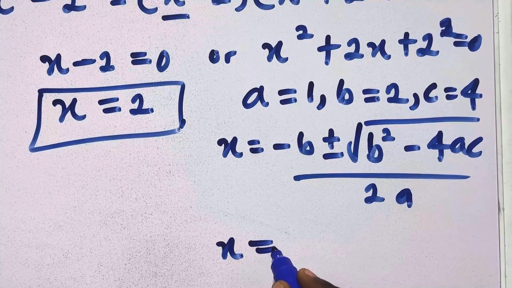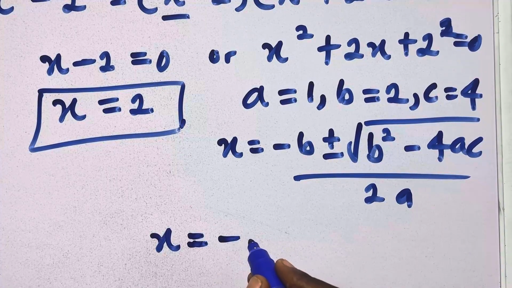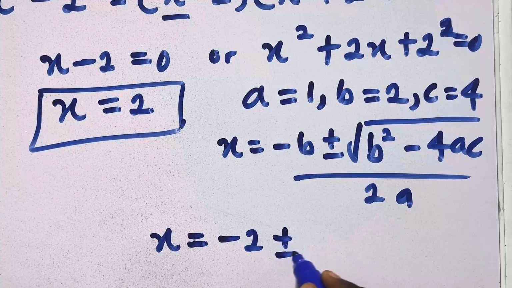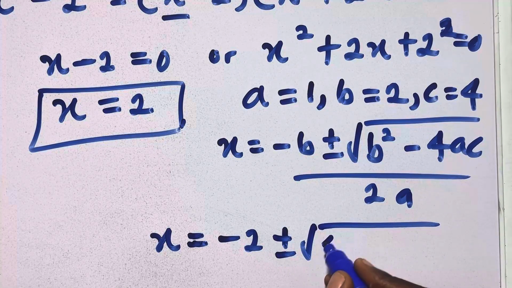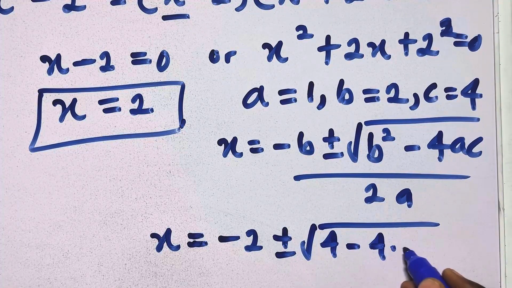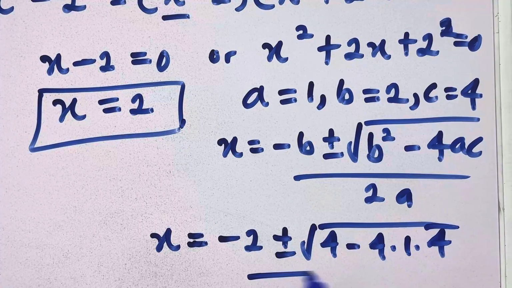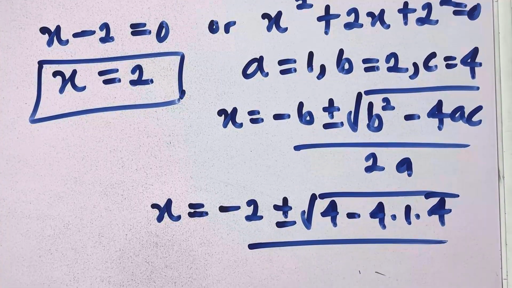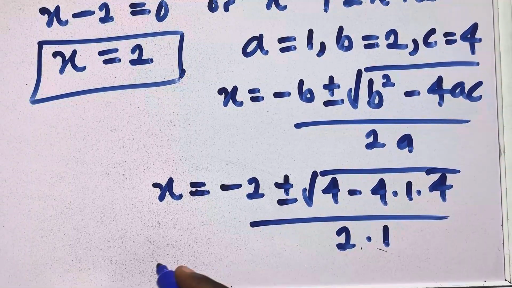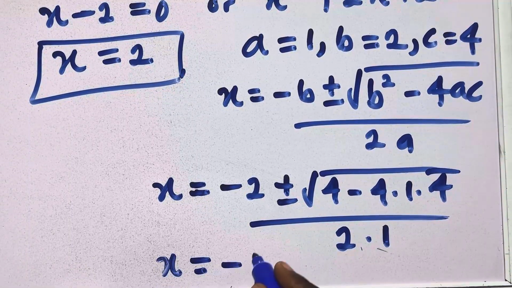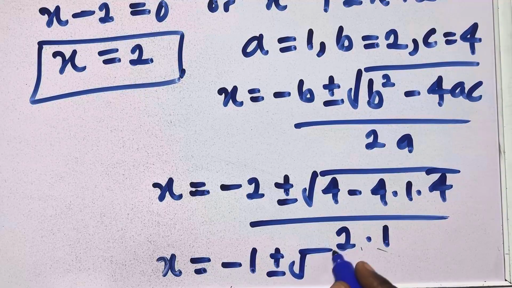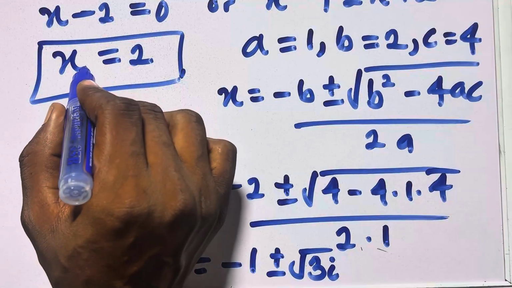So if you substitute this, we are going to have x equals minus 2 plus or minus the square root of 4 minus 4 times 1 times 4, everything divided by 2 times 1. On simplification, what we are going to get is complex roots. So we are going to get x equals minus 1 plus or minus square root of 3i.